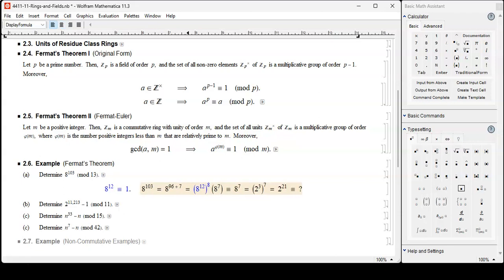And how to do that? The 12th power is 1, so I could do 2 to the 12th power times 2 to the how many? 21 minus 12 is 9?